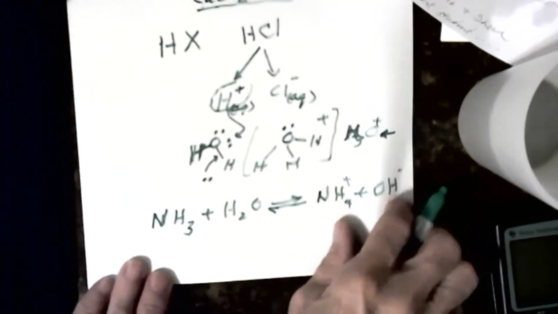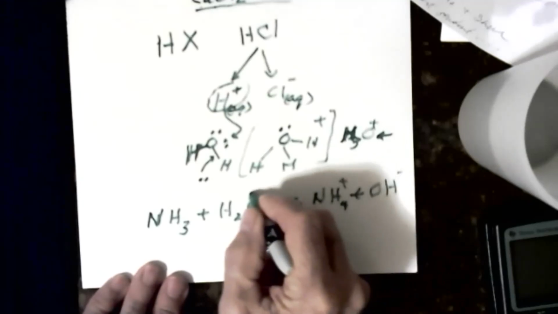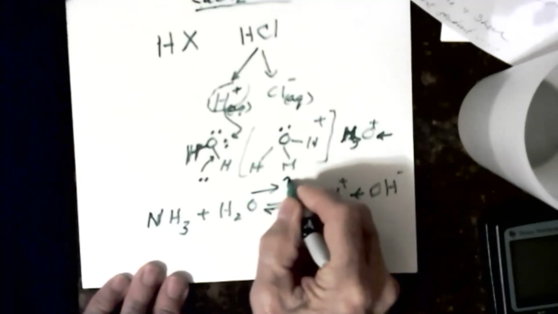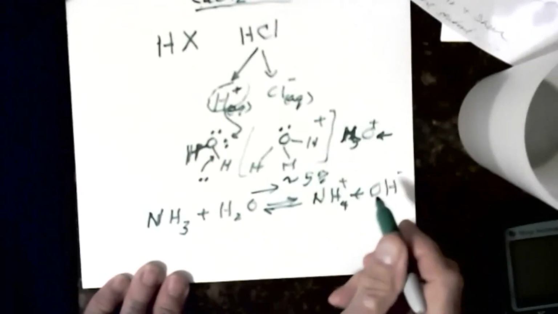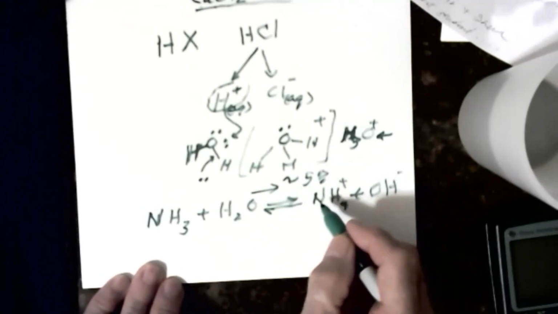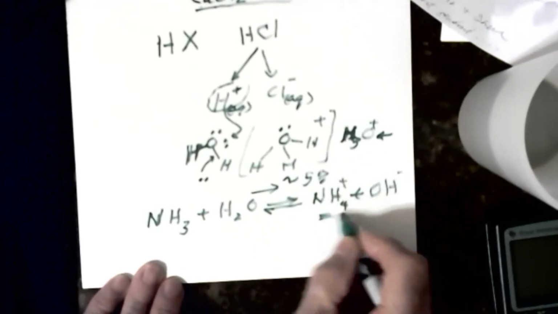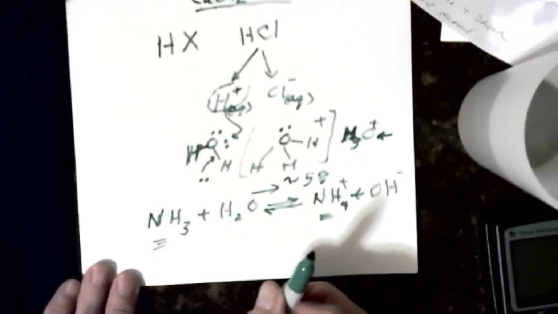So this reaction will occur. You're probably going in this direction maybe about 5%. So of the species that contain nitrogen in this solution, maybe 5% of those molecules are NH4+, but 95% of them would be NH3.